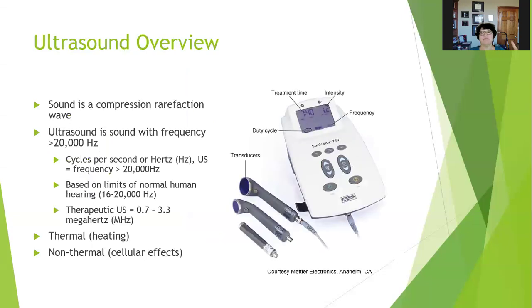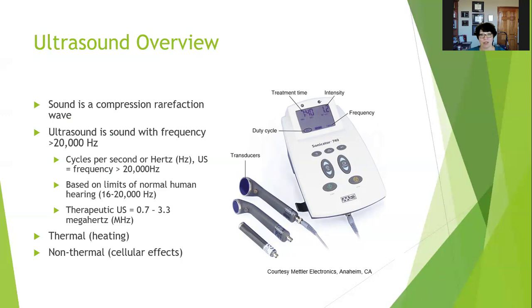So sound, any sound, not just ultrasound, is a compression rarefaction wave, and we'll talk about what that means. Ultrasound is sound with frequency above 20,000 hertz, and normal human hearing is between 16 and 20,000 hertz. Therapeutic ultrasound is between 0.7 and 3.3 megahertz.